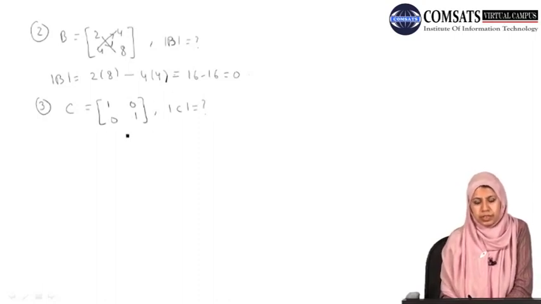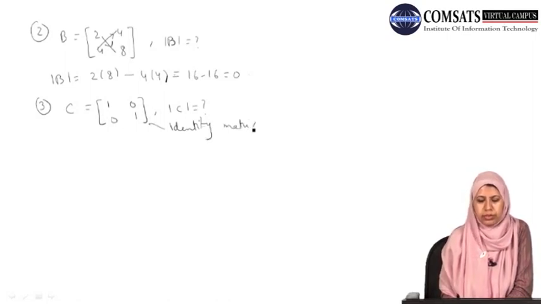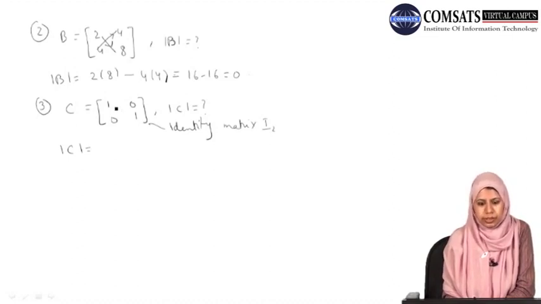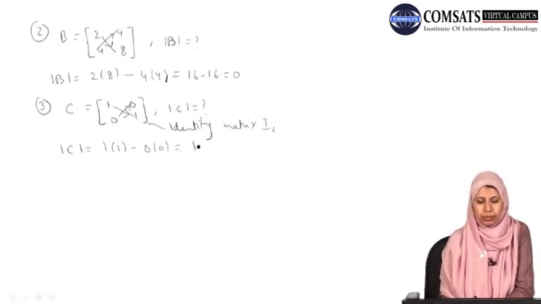By looking at this matrix C, we can recognize that this is the identity matrix I2, the matrix of order 2 by 2, and its determinant is calculated using the same formula: the product of the main diagonal, 1 into 1, minus the product of the other diagonal, 0 into 0, which is 1.